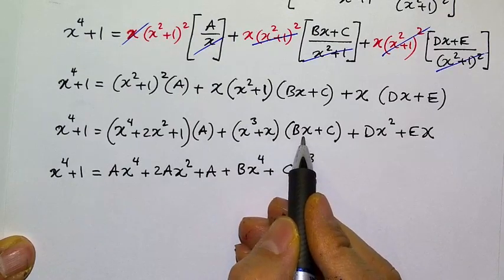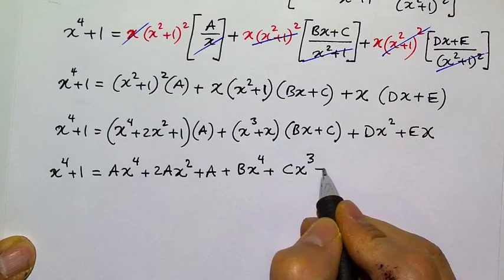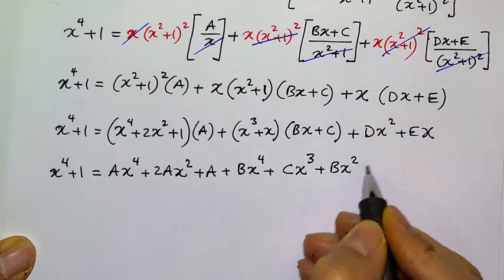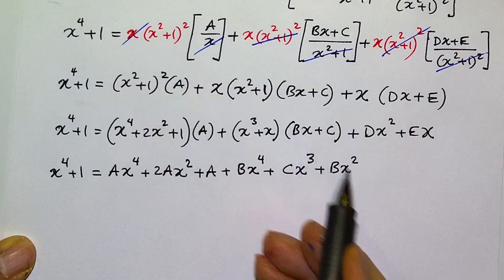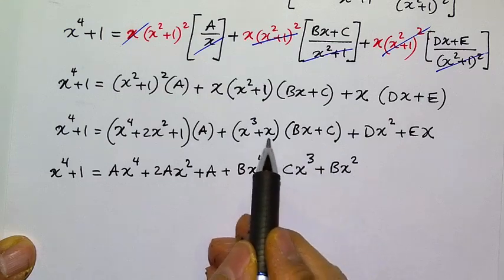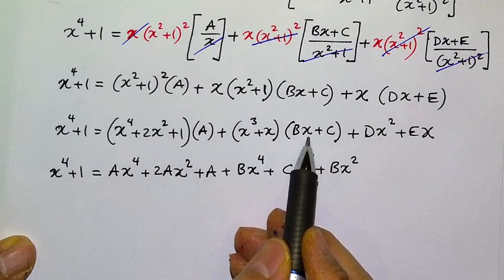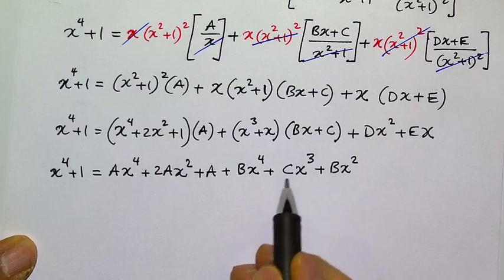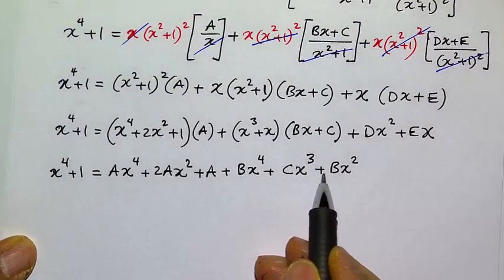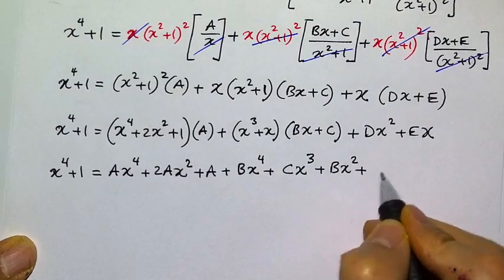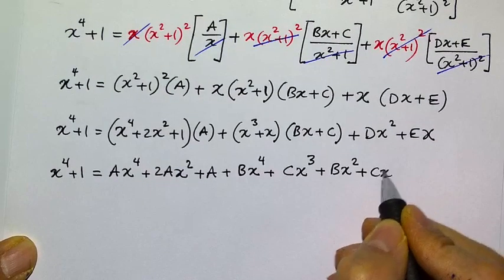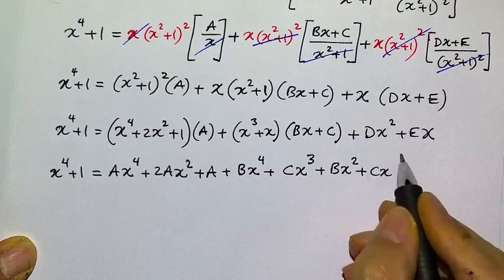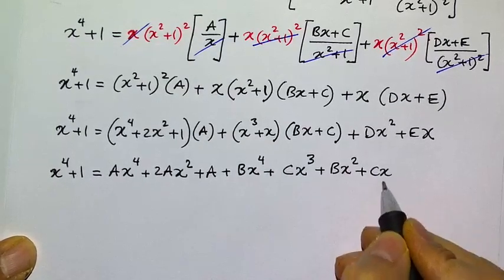So x times bx, we get bx squared. x times c, we get cx. I'm just double checking here. bx plus cx, cx, like that.